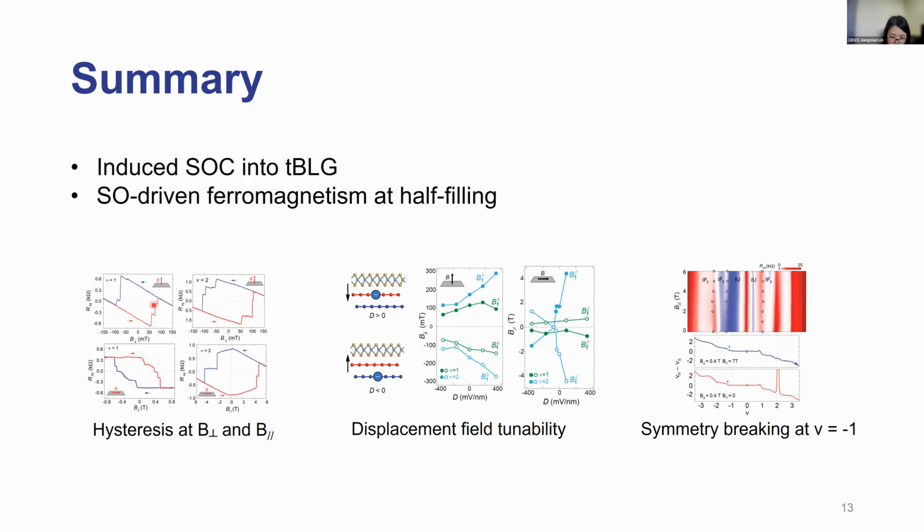We also studied the dependence on the applied out-of-plane electric field. And we also observe additional symmetry breaking at the hole side, which is also pointing towards this effect of spin orbital coupling. So that's all. I would like to thank my collaborators again, and thank you for your attention.